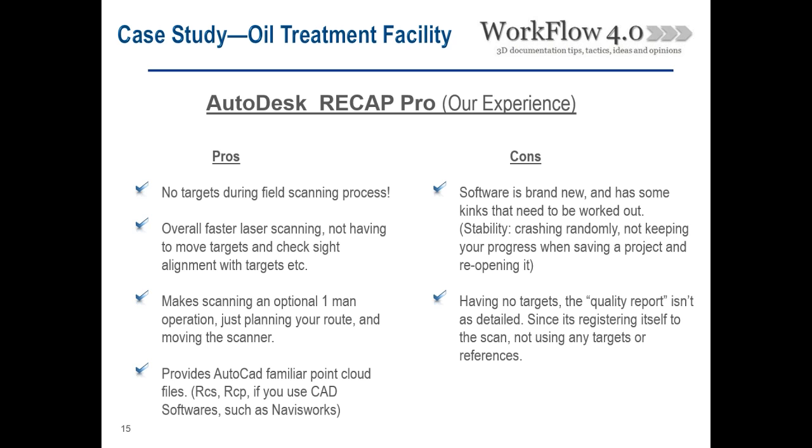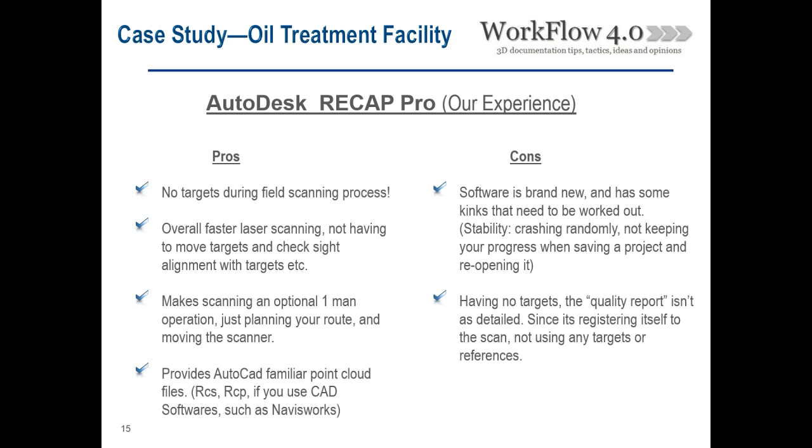Another issue with targetless registration is the quality reporting isn't quite as detailed from what we've seen thus far, because it's using cloud to cloud. It has a couple tools to just tell you some percentages of what it's estimating the quality is reporting as, but because there's not references for it to actually mathematically give you a report, it's just a little harder.